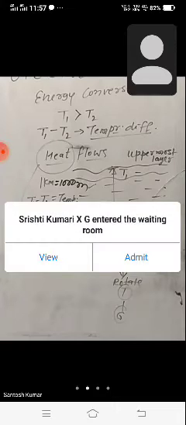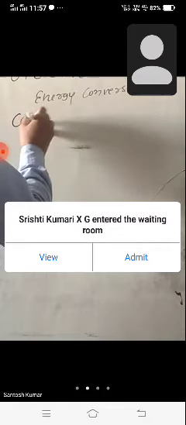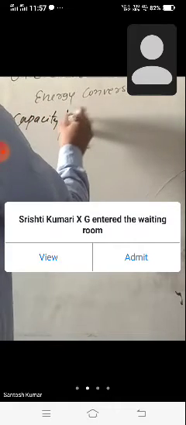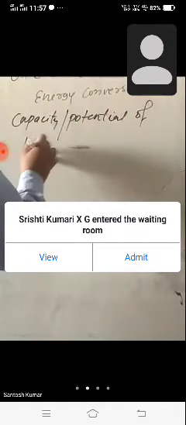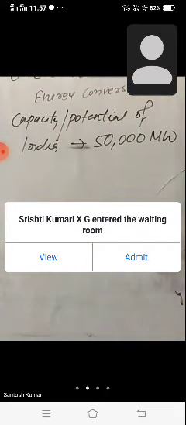Now, if we talk about the potential or capacity of our country, India, it is about 50,000 megawatt. This is the capacity or efficiency; if we utilize it, we can get it.